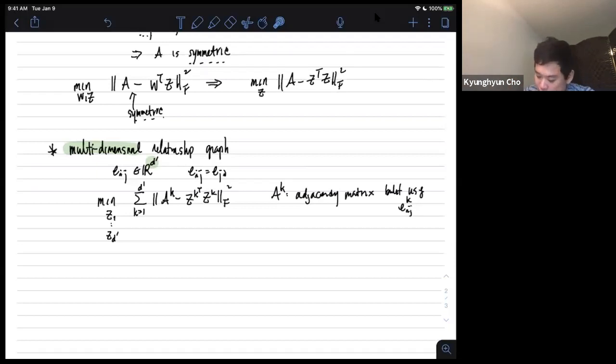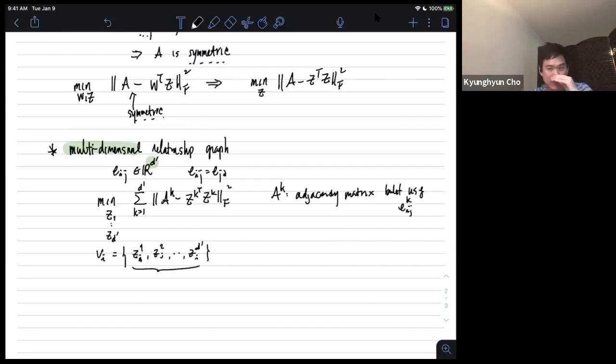What it means is that the vertex i is represented with z_i1, z_i2, all the way to z_id', right? So we have d' many vectors that represent what this vertex i is. But what we want is to tie them together.